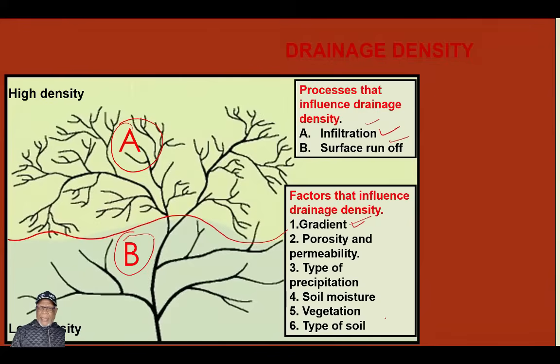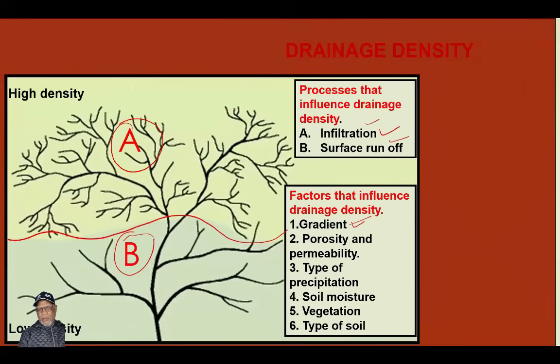Saying at A there is low porosity. What do you mean by low porosity? There are fewer pore spaces. Because of fewer pore spaces at A, there is more surface runoff and there is less infiltration. And that is why we have higher density.